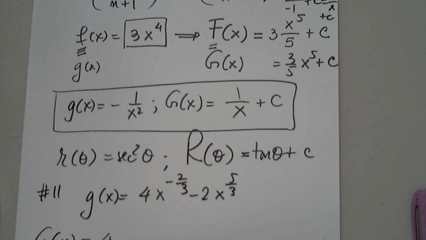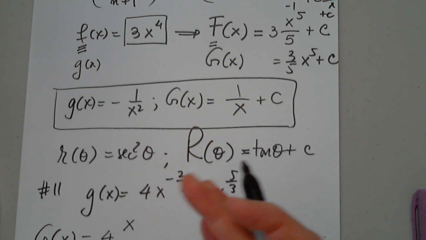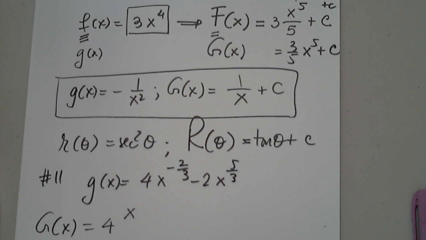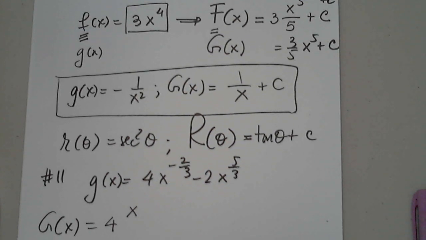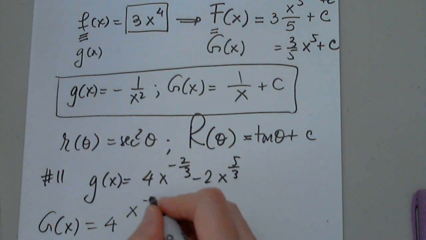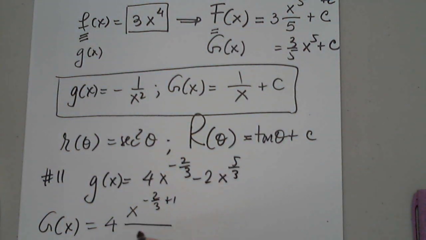is 4 times x. I'm going to write this out for the first or maybe 1 or 2 problems, but then we're going to have to calculate this without writing it. Negative 2/3 plus 1 over the exact same number. You don't have to perform other calculations.